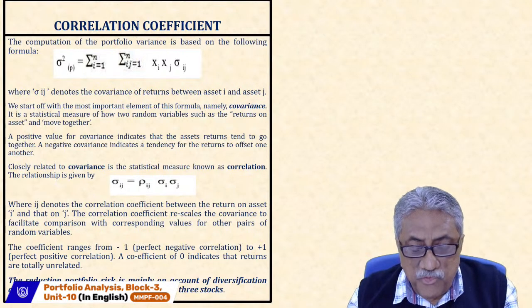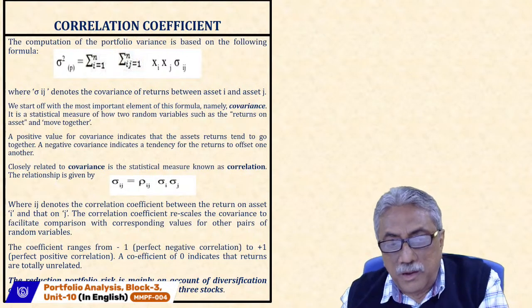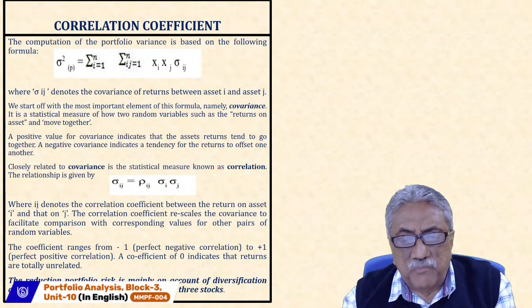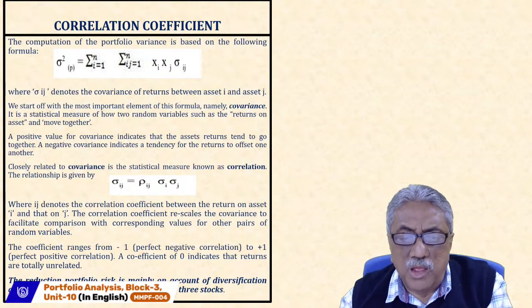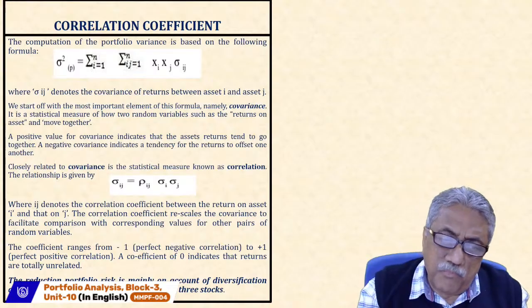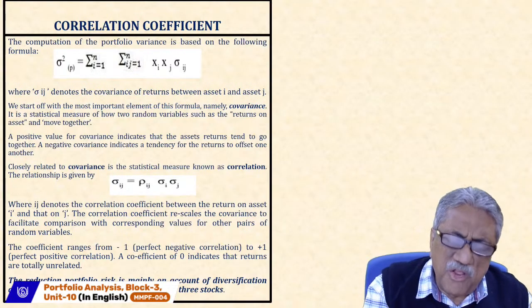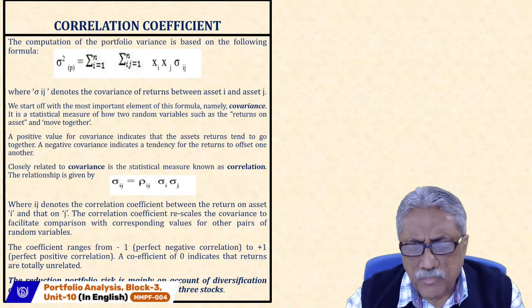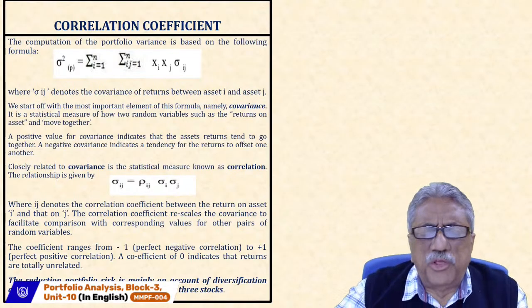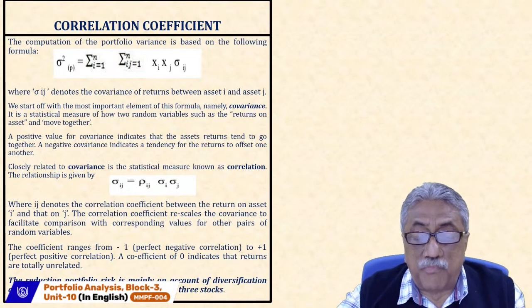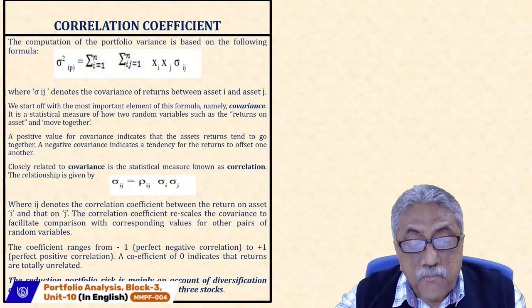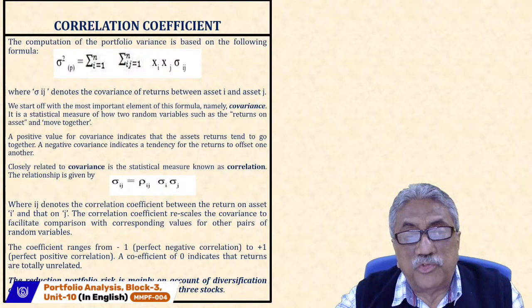So it should be lower than +1. It should be 0.2, 0.3, or it can be negative. That will reduce the portfolio risk.